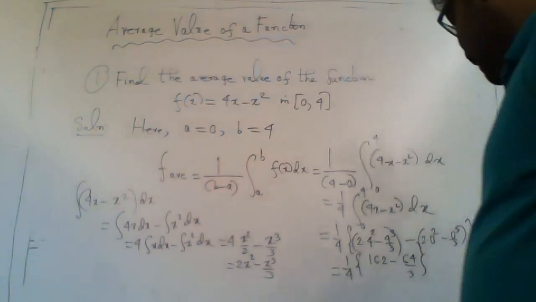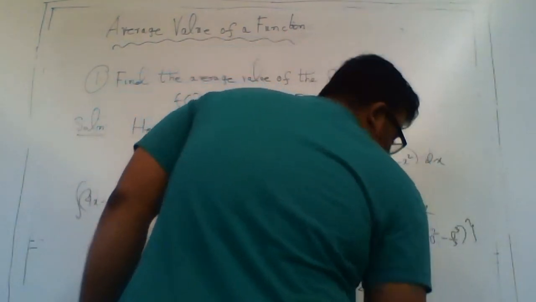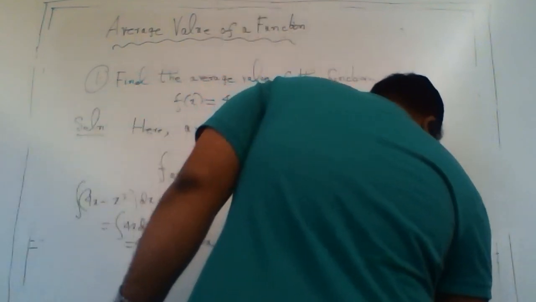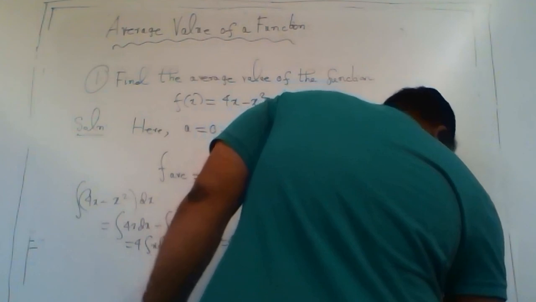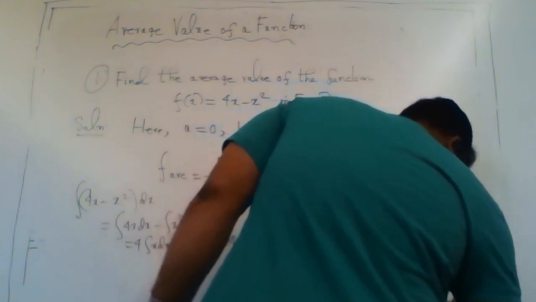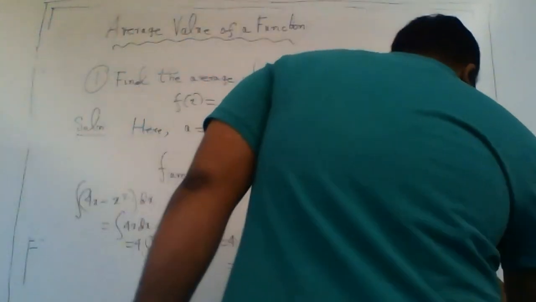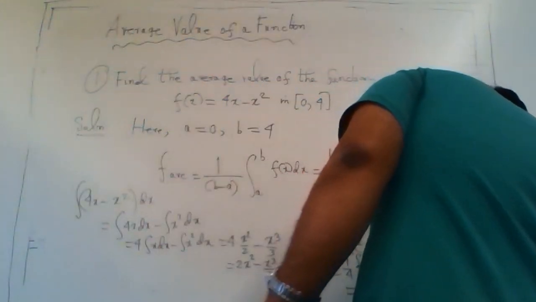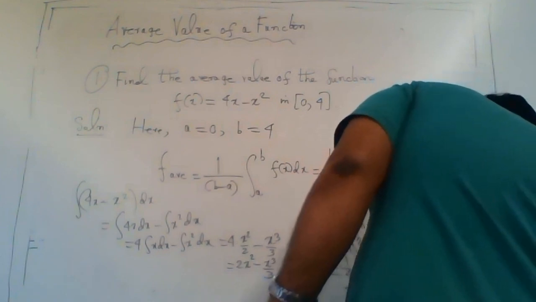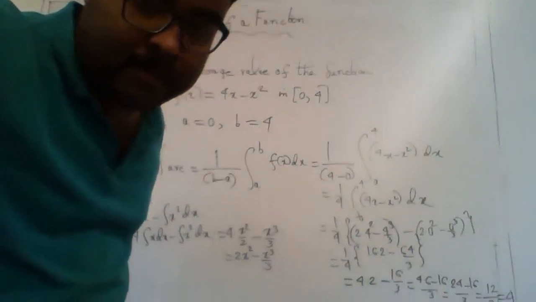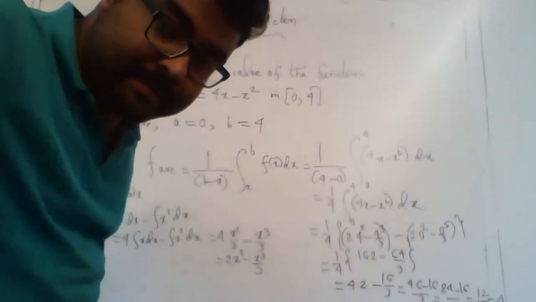So you get 4 times 2 minus 16 by 3. So this is 4 times 6 minus 16 by 3. This is 24 minus 16 by 3, so you get 12 by 3, which is 4 as your answer. So you'll get 4 as your answer.